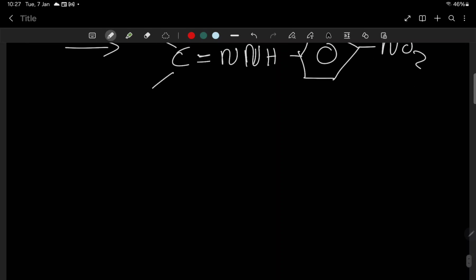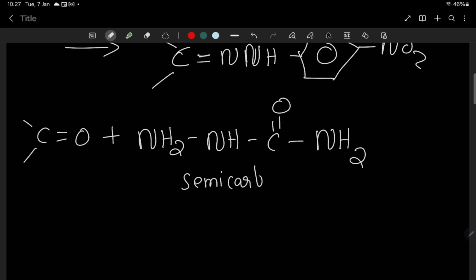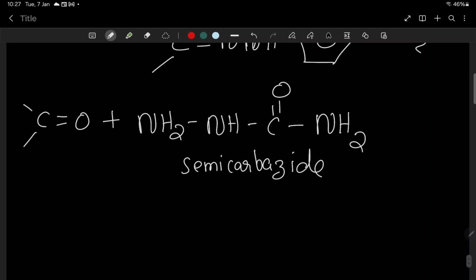Now semicarbazone. Now we are adding semicarbazide. What is semicarbazide? Aldehyde or ketone with NH2 NH C double bond O NH2. This is semicarbazide, not azine, semicarbazide.